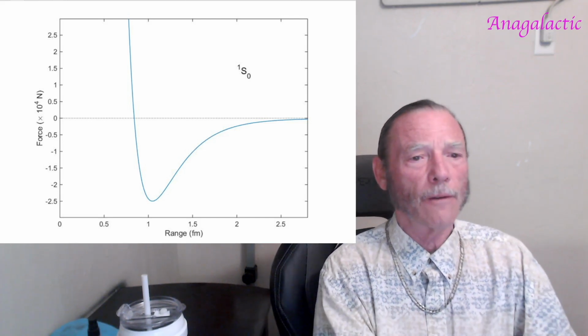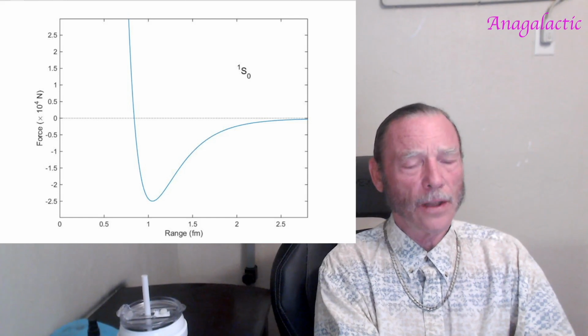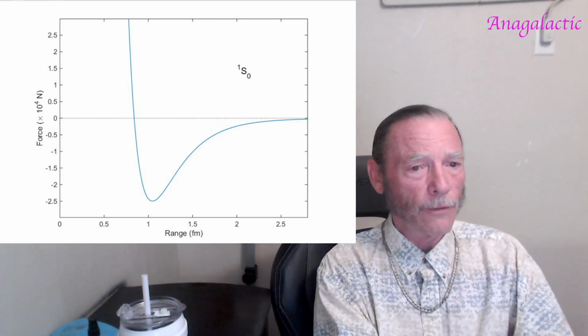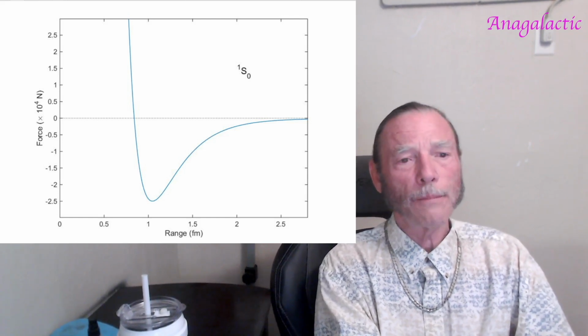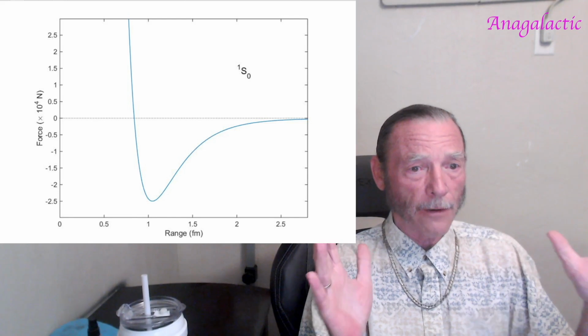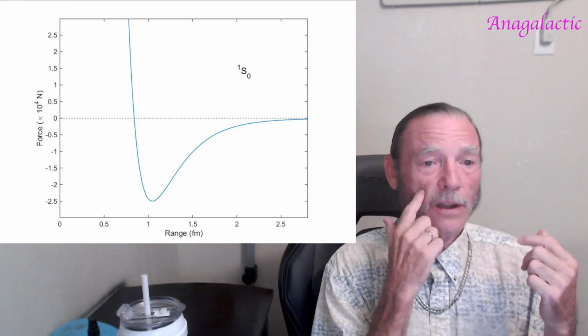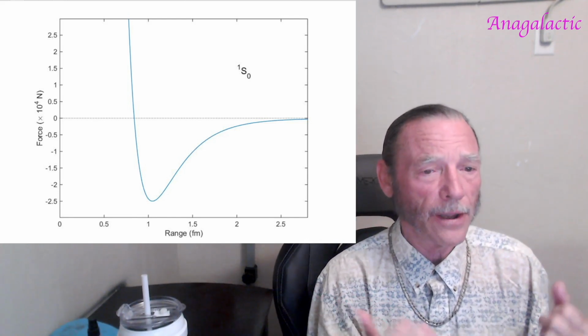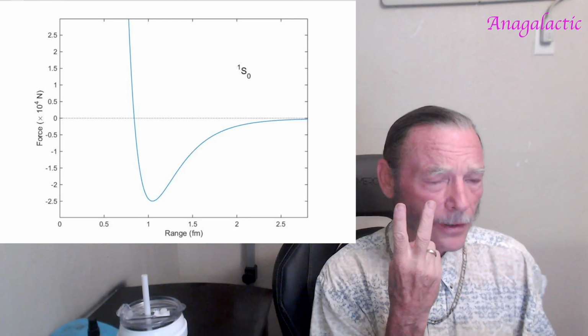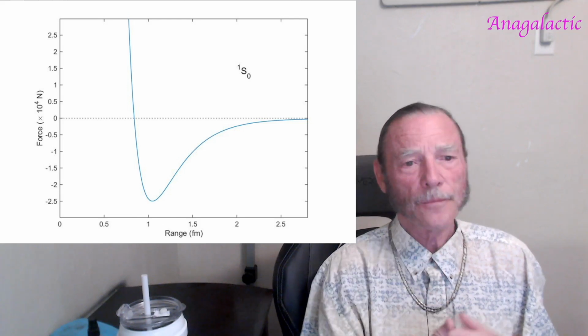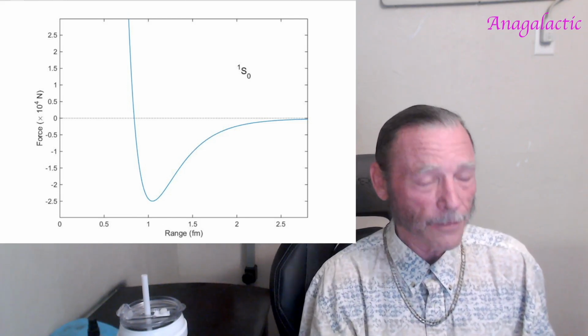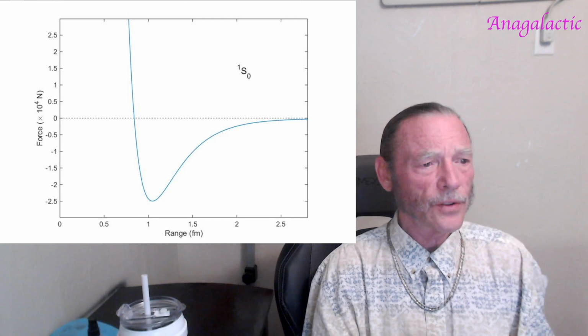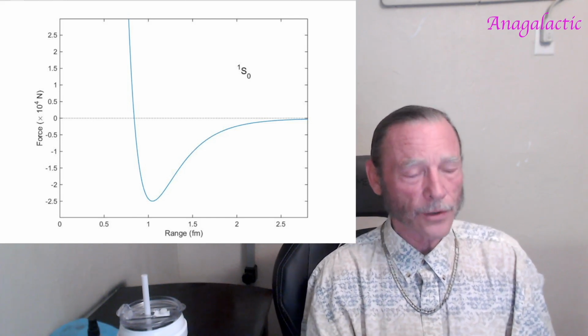This is taken from Wikipedia in the article called The Nuclear Force, which Wikipedia, right away in the first paragraph, correctly, is forced to disambiguate because there are at least two known nuclear forces. So which one is it? This depicts the strong force.